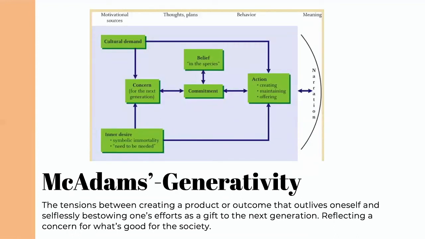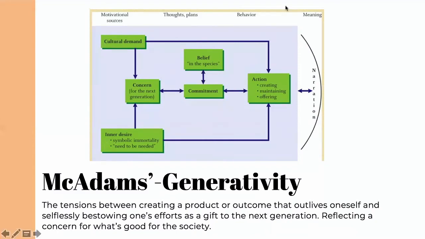Next is McAdams' theory of generativity. So this is a tension between creating a product or outcome that outlives oneself and selflessly bestowing one's effort as a gift to the next generation, reflecting a concern for what's good for society overall.